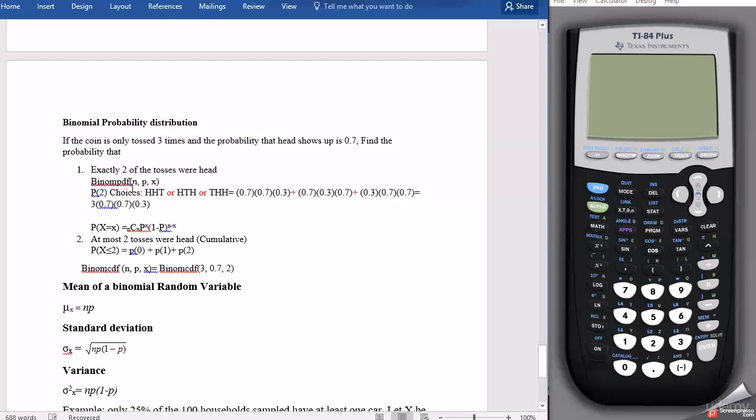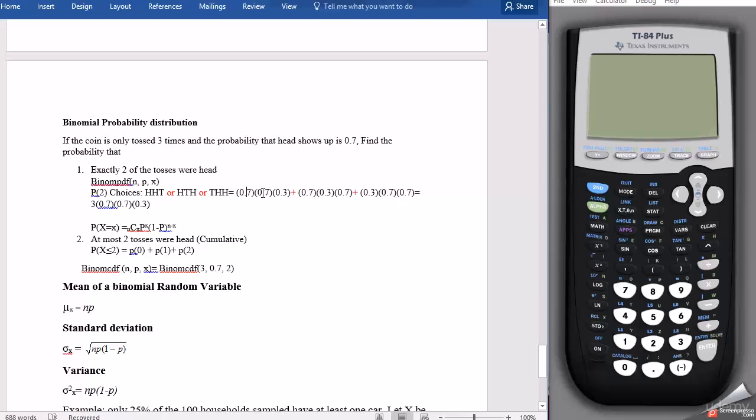Okay, so when we do that, you can see the choices we have. We can have HHT, meaning that head appears the first time, head appears second time, and tail appears the third time. Or you can have HTH or THH. Now, for the first option, HHT is going to be 0.7 times 0.7 and then times 0.3.